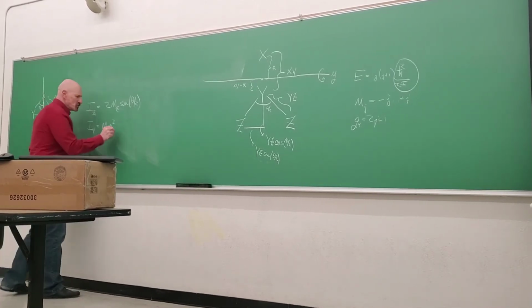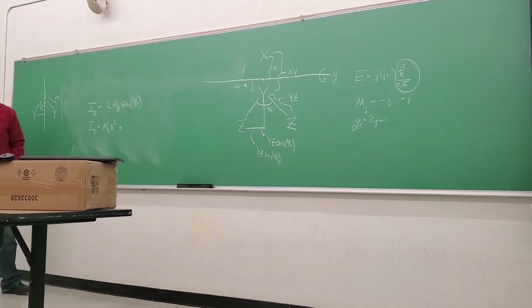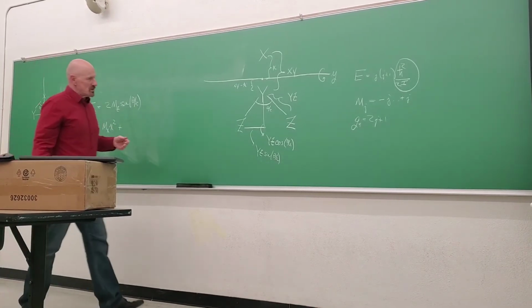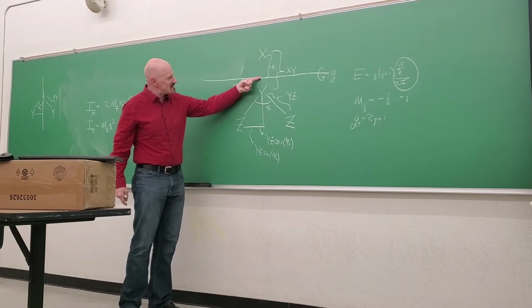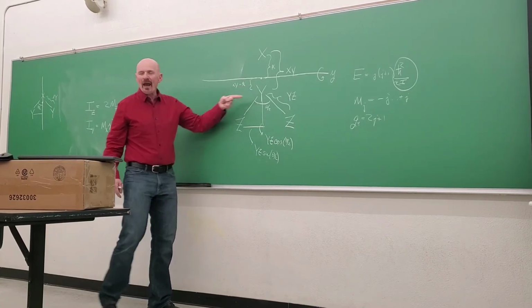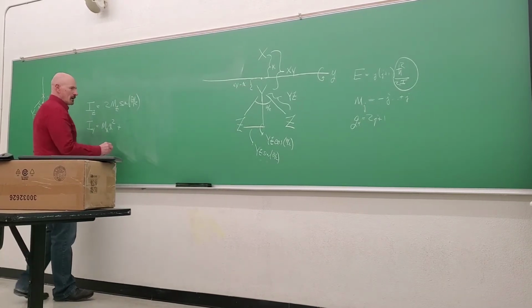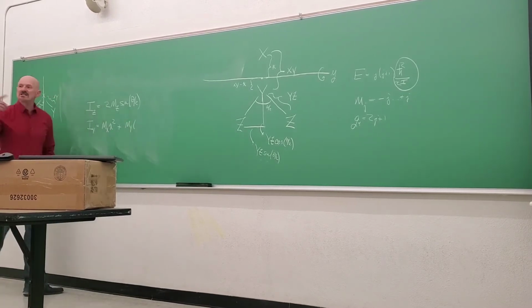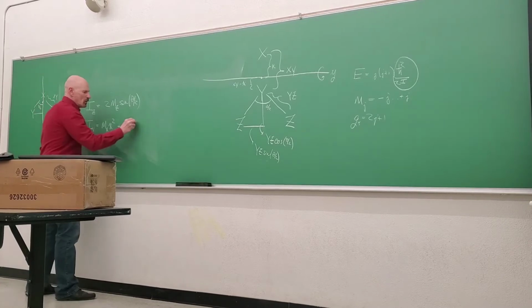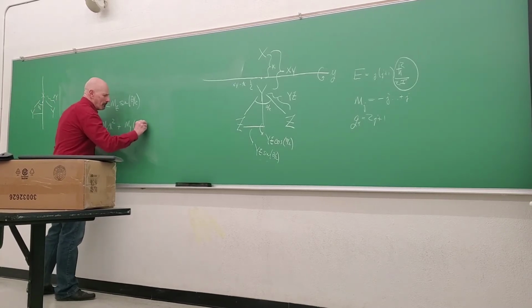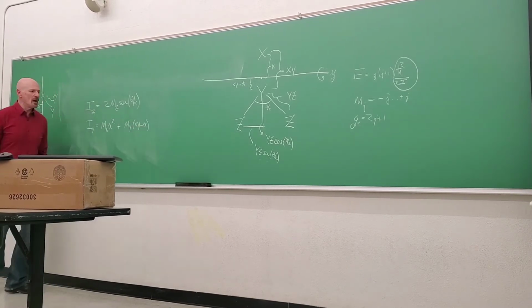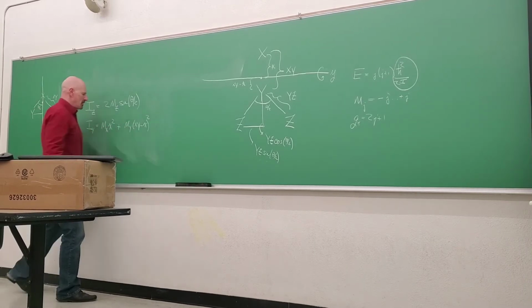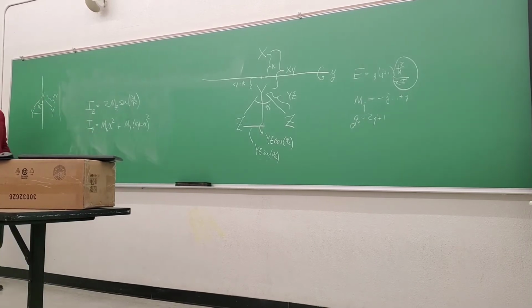Now I will add to that, all moments add, because it's a rotation. I need this distance here and the mass of Y. So it becomes the mass of Y times the distance from the center of the rotation, which is XY minus X. And once again, squared. So that'll be the moment of inertia around the Y axis.